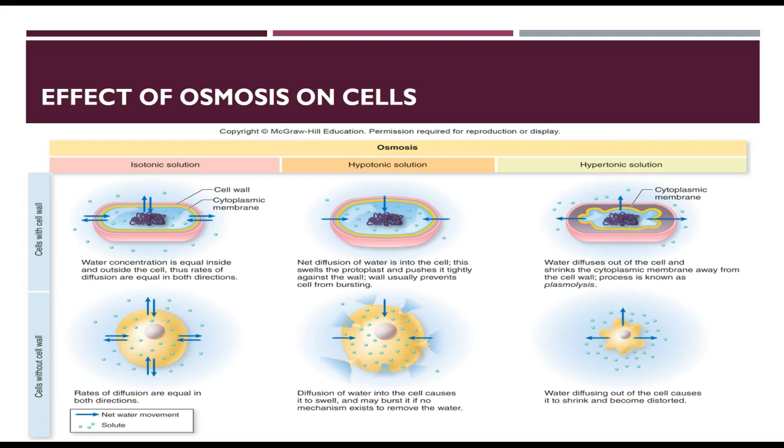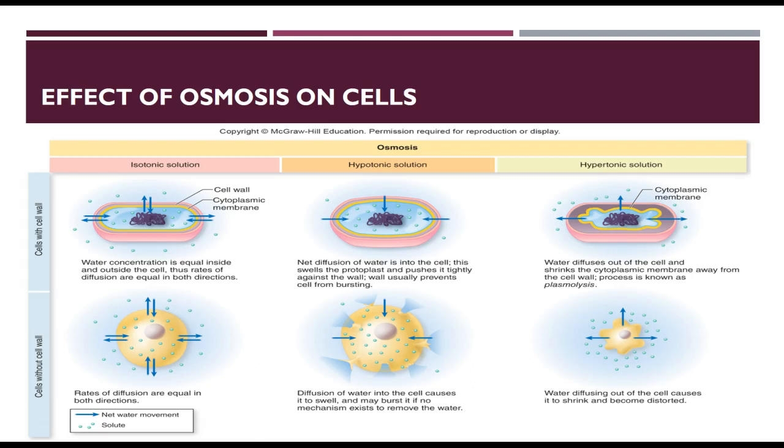The plasma membrane gets pushed very tightly up against the cell wall, but because most bacteria possess a cell wall, the cell wall helps to prevent lysis, so the cell does not rupture, it just swells.